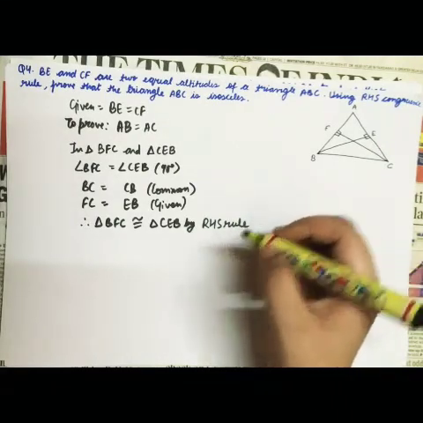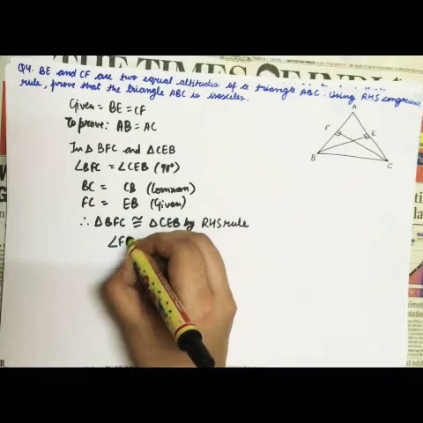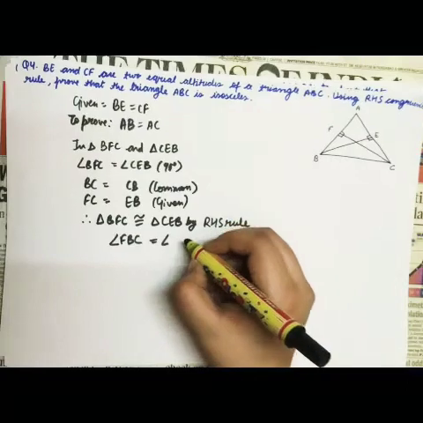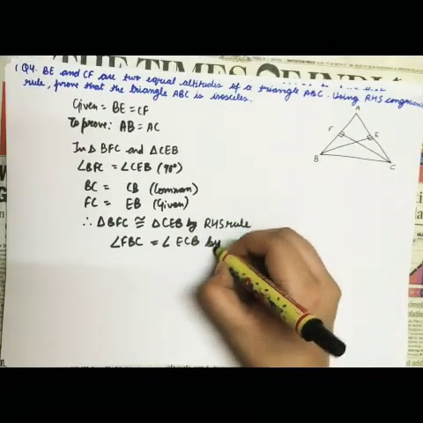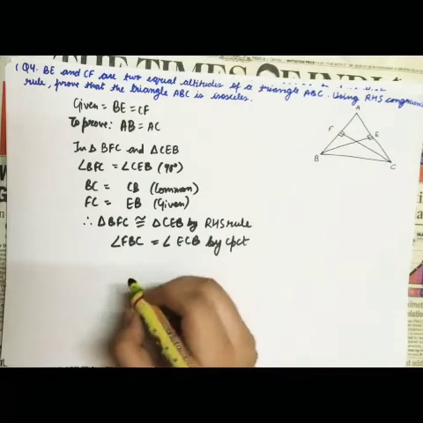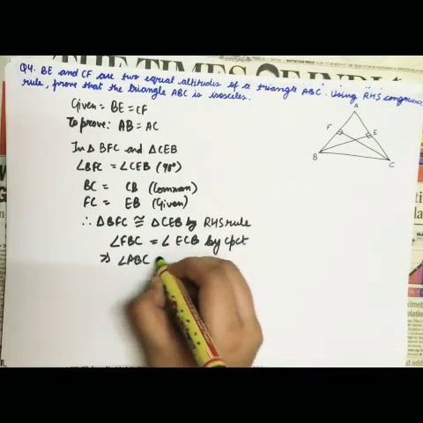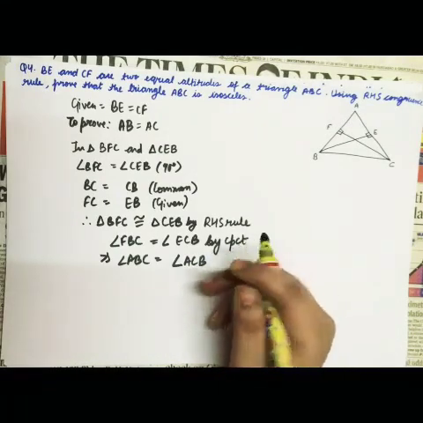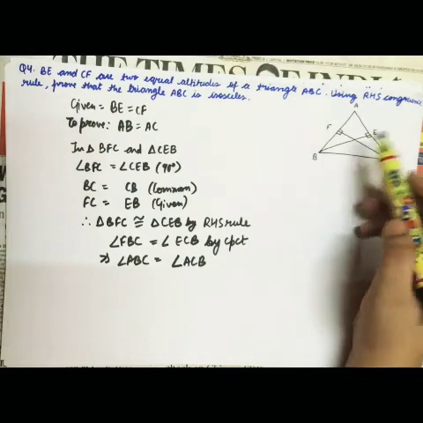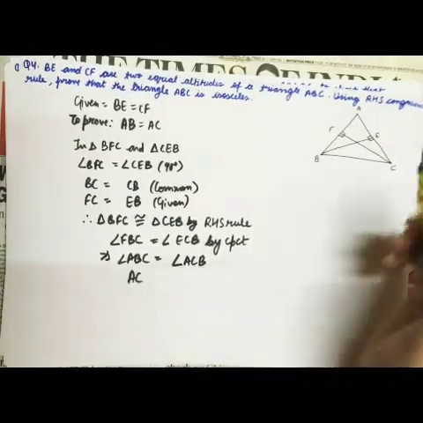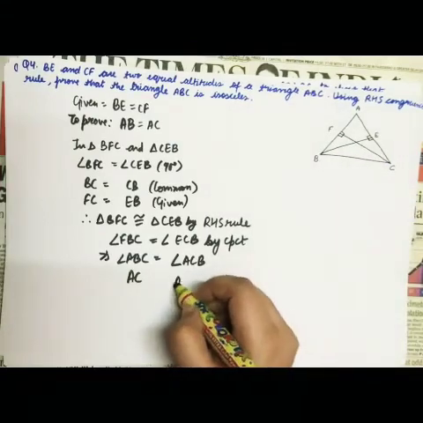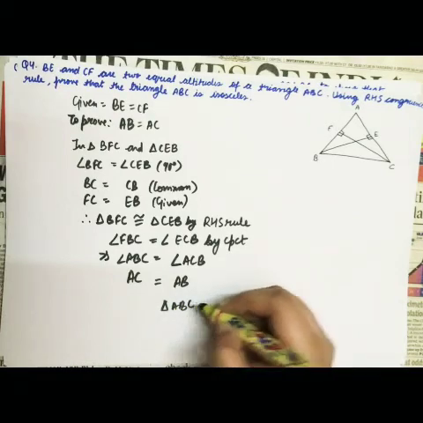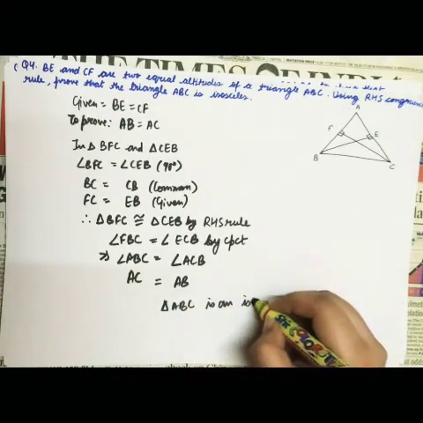So now we can say that angle FBC is equal to angle ECB by CPCT, which also means that angle ABC is equal to angle ACB. Now by isosceles property we can say that angle ABC, whose opposite side is AC, and angle ACB, whose opposite side is AB, will also be equal, which means triangle ABC is an isosceles triangle.